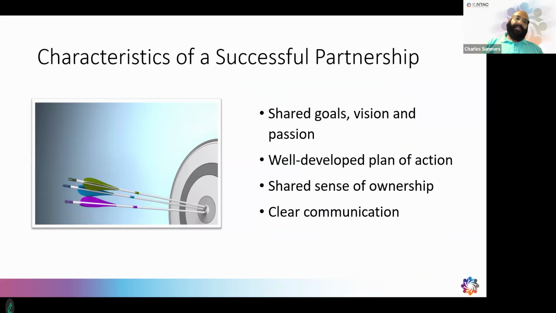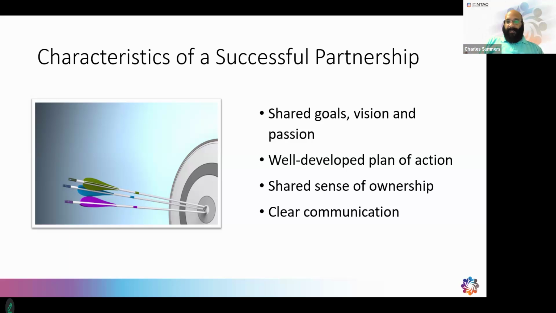And you want to keep in mind what it's going to actually take for those effective partnerships to be, well, one, effective, and two, successful in the long term. You're definitely going to make sure that there are shared goals, vision, and passion, right? Most importantly, for our partnerships to be really strategic, they have to be mutually beneficial. It can't just be something where we're only gaining a benefit or they're gaining a benefit.